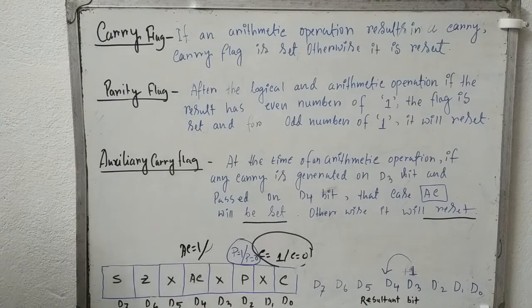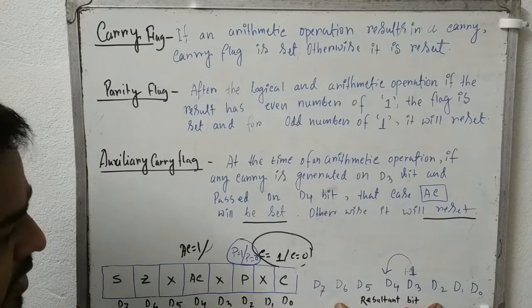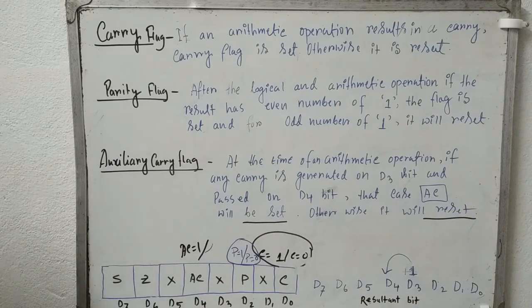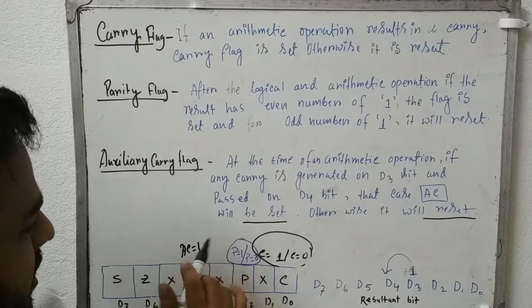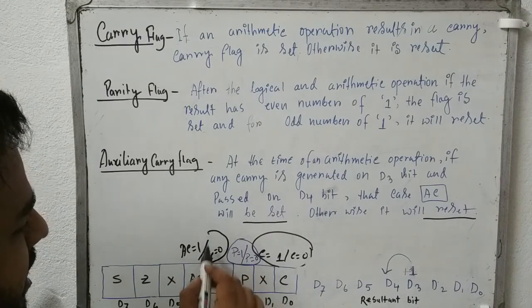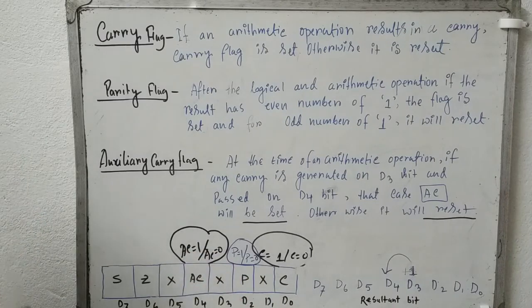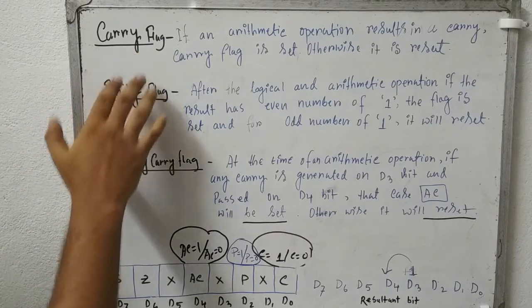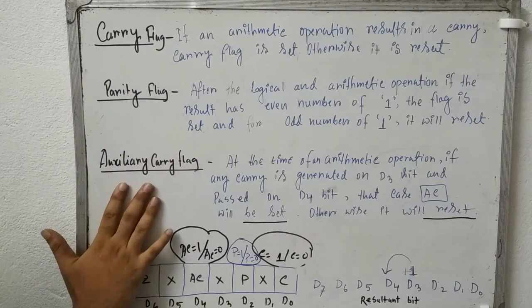If this does not happen during the arithmetic operation, then we will reset the auxiliary carry value. So these were the 3 flags that we have seen: carry flag, parity flag, auxiliary carry flag.